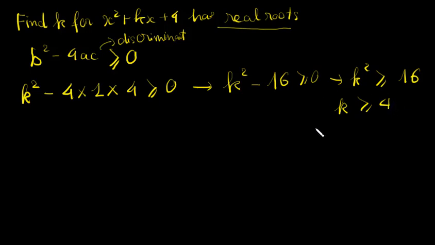This one is obvious, but we have to think about the other solution as well: k smaller than or equal to minus 4. Why? If you take something like minus 5, which is smaller than minus 4, and you square it, it will be 25, which is greater than 16. So it's also true. So you have to take both sides of this to ensure that you have enough values, enough answers for this question.